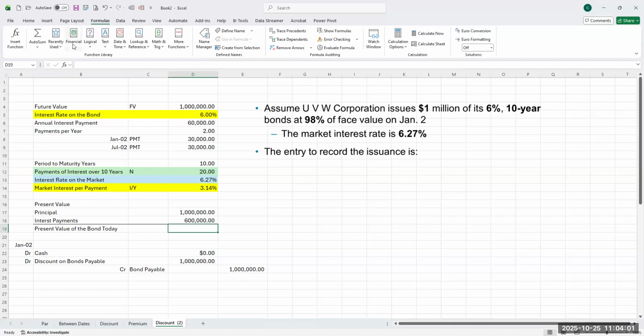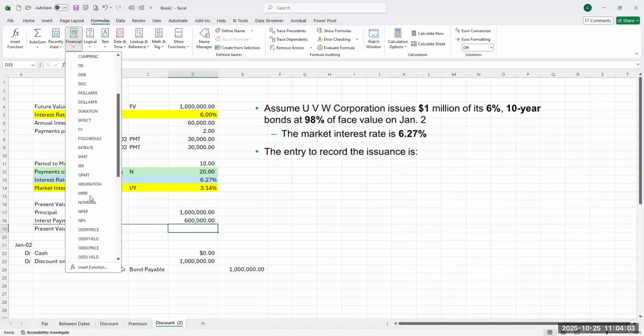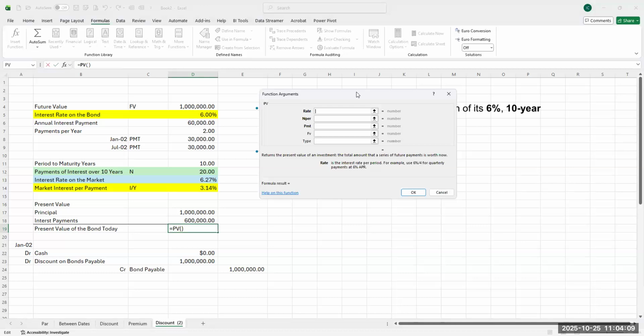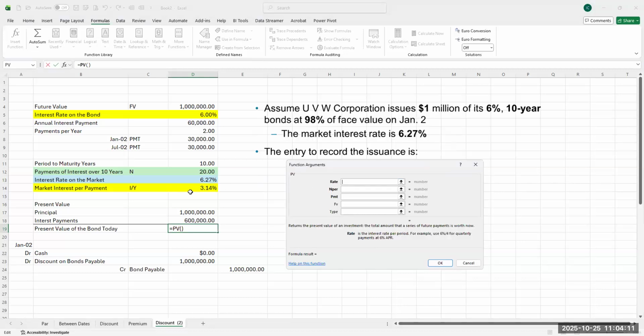Again, we're going to use the formulas. We're going to use the financial category and the present value function, which is PV. It's going to ask us for the information. The rate: we're going to use the interest rate per single payment, not the annual, which is 3.135%.